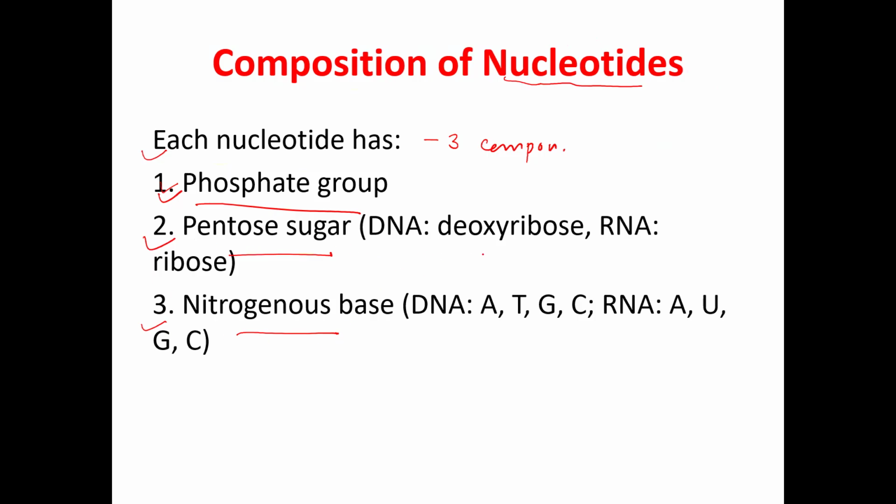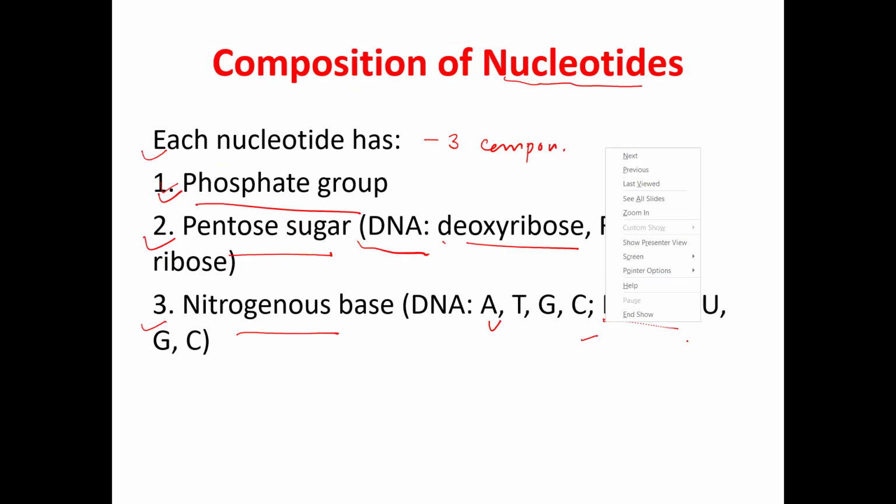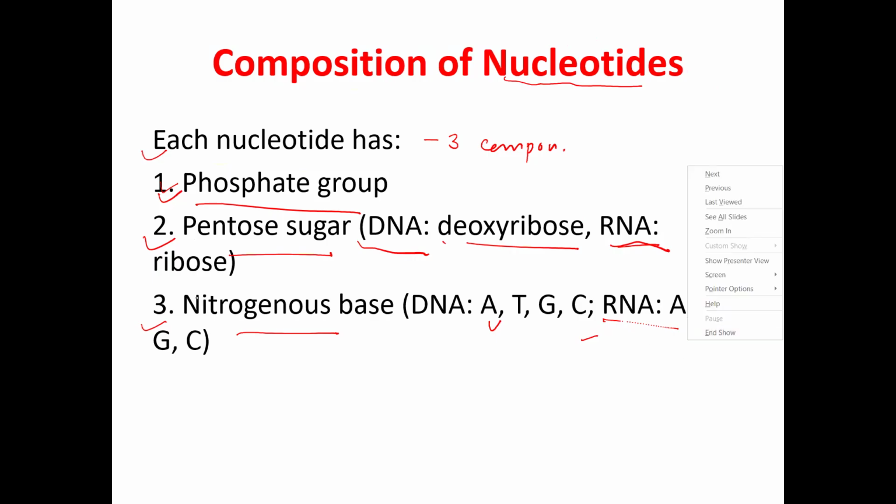In the sugar, we have two types: DNA has deoxyribose, RNA has ribose. For nitrogenous bases, DNA has adenine, thymine, guanine, and cytosine, whereas RNA has adenine, uracil, guanine, and cytosine.